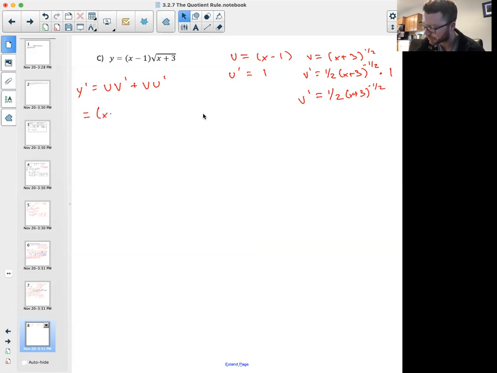U is x minus 1. V prime is 1/2 x plus 3 to the exponent -1/2, plus v, x plus 3 to 1/2 multiplied by u prime, which is just 1.